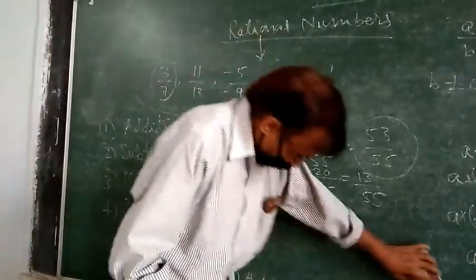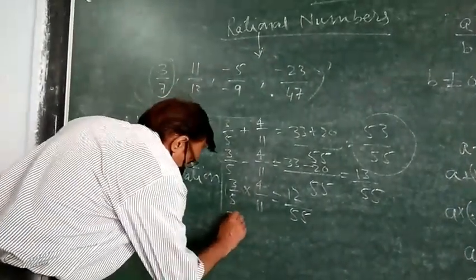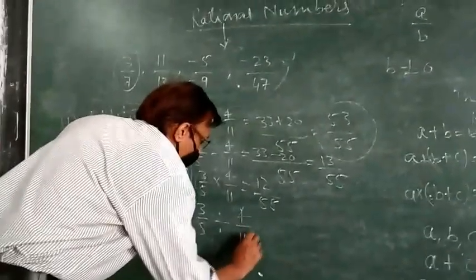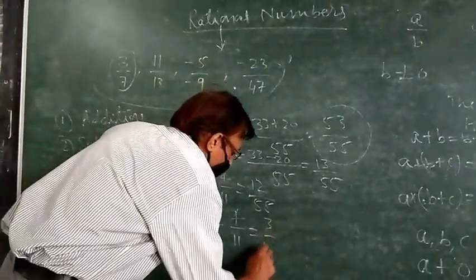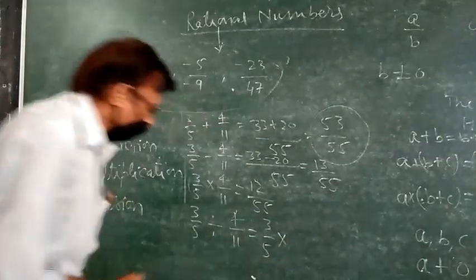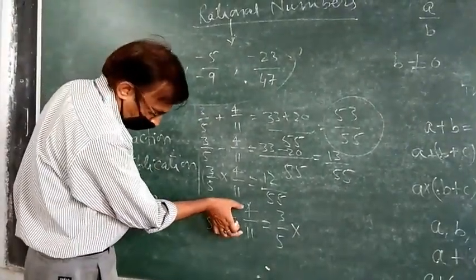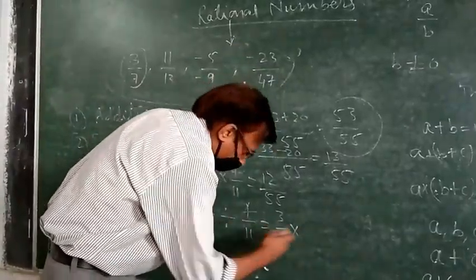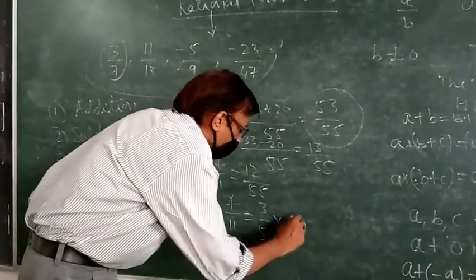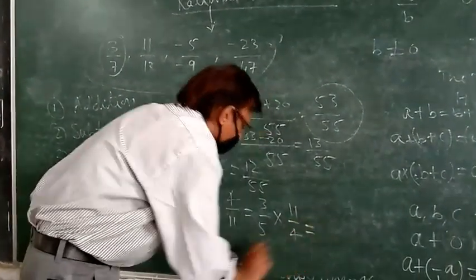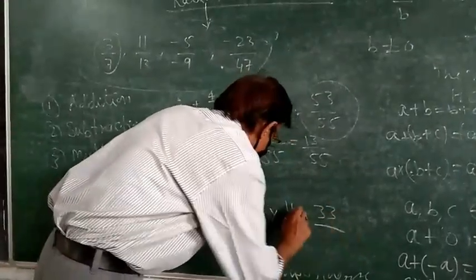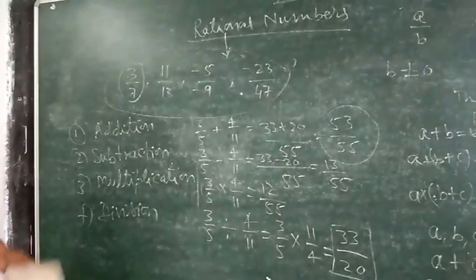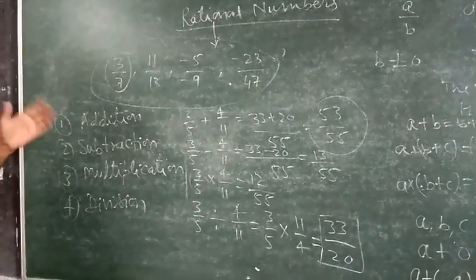And we can also divide the two rational numbers, like this. When we divide, the second rational number will be reciprocated, and the sign of divide will be changed into the multiply sign. So it will be 33 upon 20. So this is the answer. In this way you can do the addition, subtraction, multiplication and division of rational numbers.